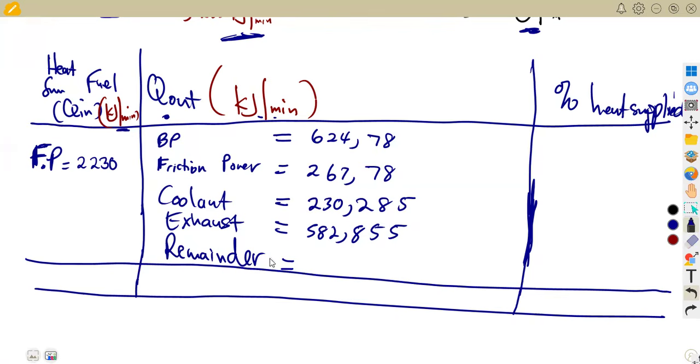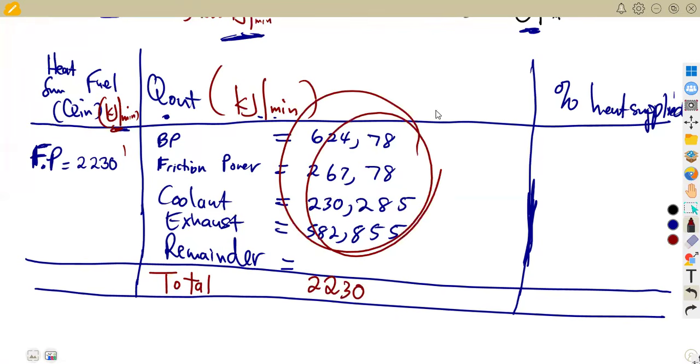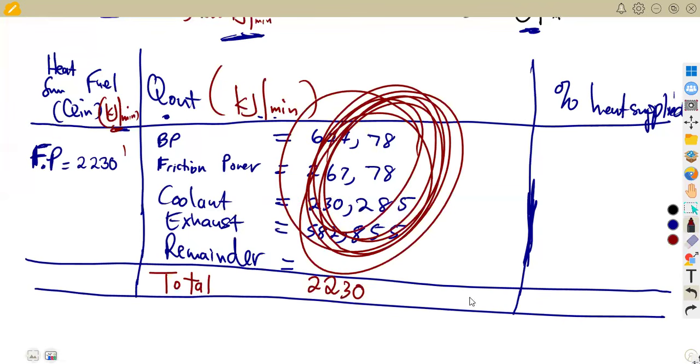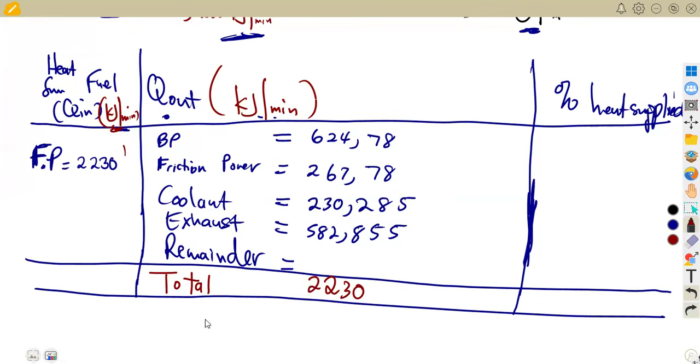So from the fuel power, you take that as a total, which is 2,230 in kilojoules per minute. So we are going to subtract all these from this. That is our remainder. So it's 2,230 like this.